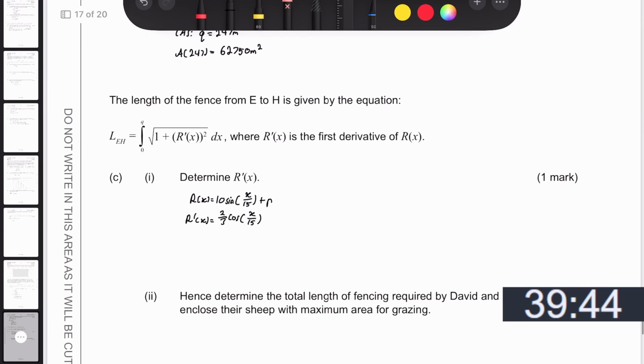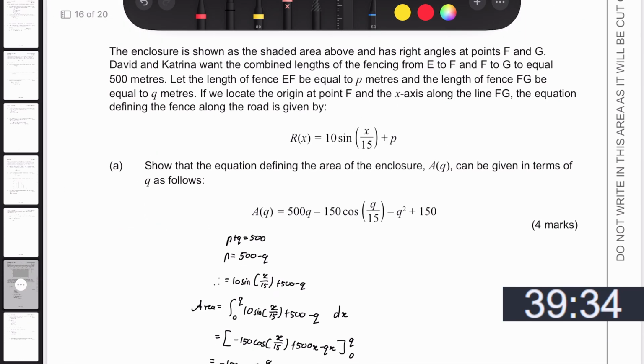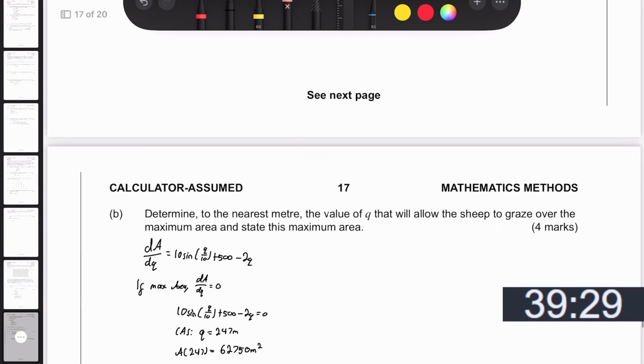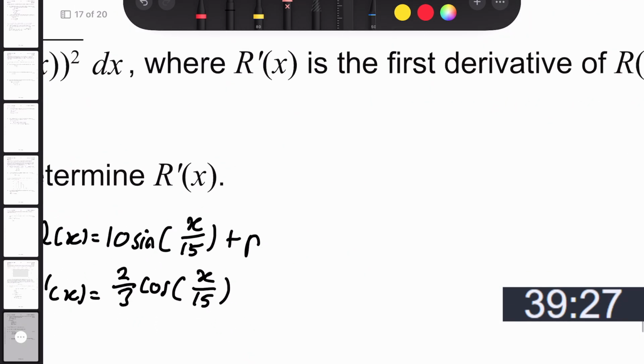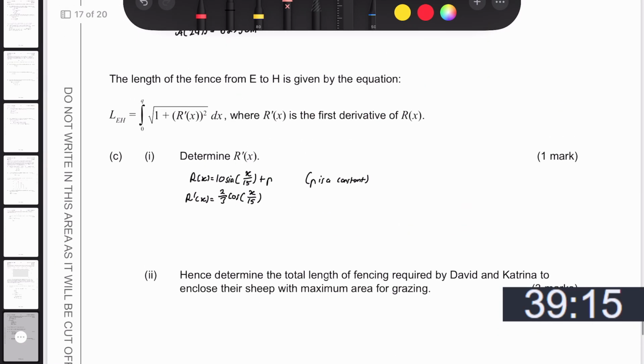Hence, determine the total length of the fence required by the trainer to enclose the sheep with maximum area for grazing. I'll say here P is constant. Total length required by the trainer to enclose a sheep with maximum area grazing.